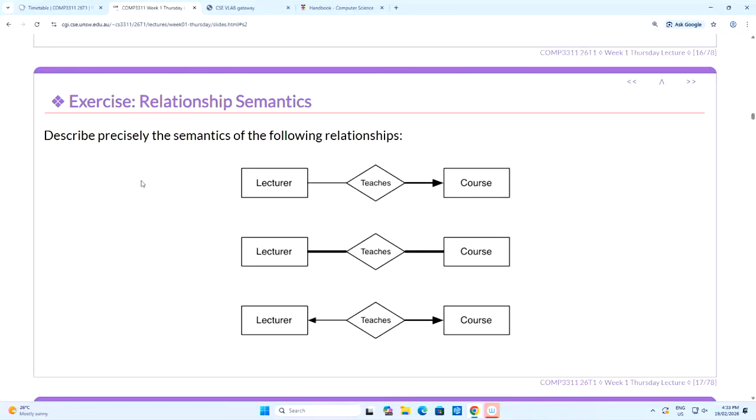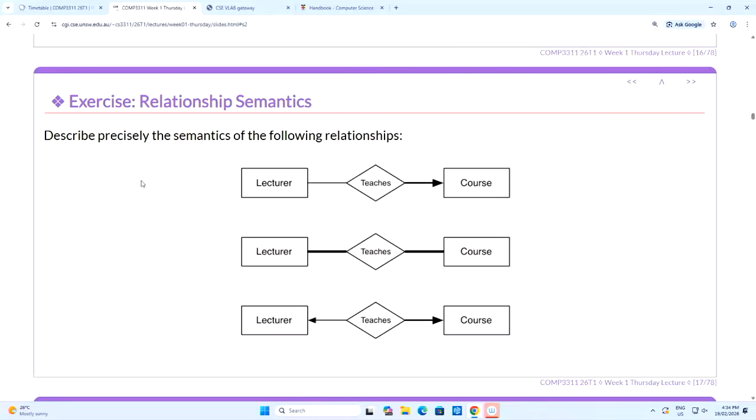I think the first one is a partial relationship between the lecturer and the course. Right, partial participation, exactly. That's because the lecturer does not need to teach a course, but a course has to be taught by him. In this case, it indicates that a lecturer doesn't always need to teach a course, and then the course needs to be taught by how many lecturers? I think it's a many to one relationship.